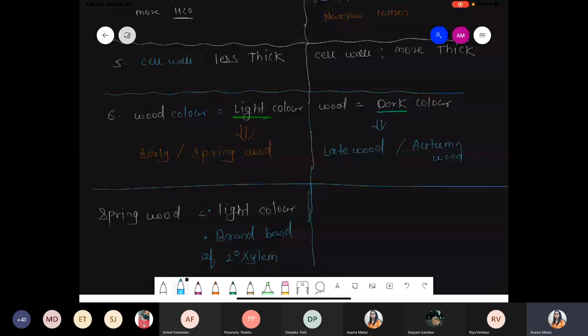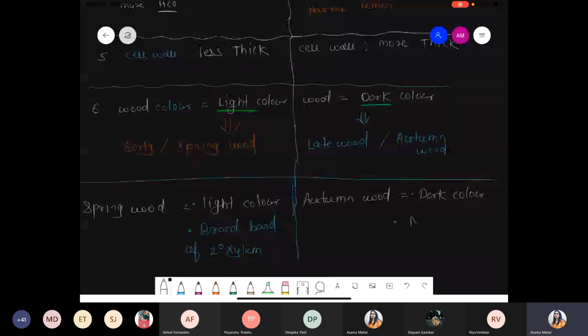Exactly reverse when we are talking about late wood, also called winter wood, also called autumn wood. During that autumn wood condition, exactly the reverse happens: the color of the wood is dark. And the second point is the presence of a narrow band of secondary xylem.